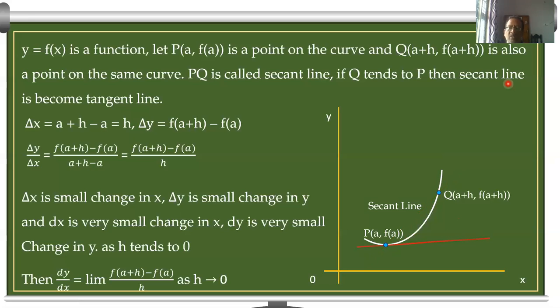Therefore, what is the increment here? Delta x is the difference between the two: a plus h minus a, that is h. What is delta y? f of a plus h minus f of a. And we have the same principle for the slope.